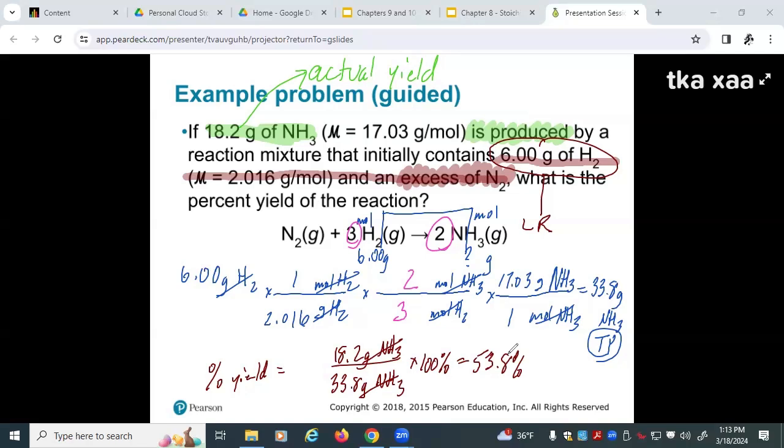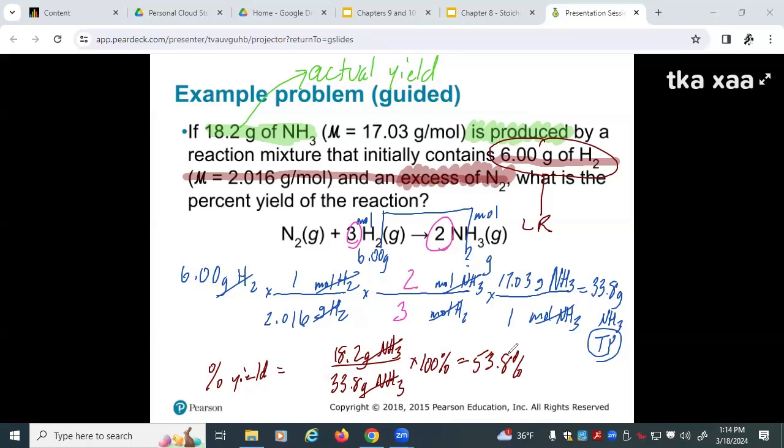So this is the process that you have to go through to get to answering a question like percent yield. You have to have an actual yield, you have to have a theoretical yield. Actual yield comes from the experiment itself. If you didn't do the experiment yourself, it's going to be hidden somewhere in the problem.